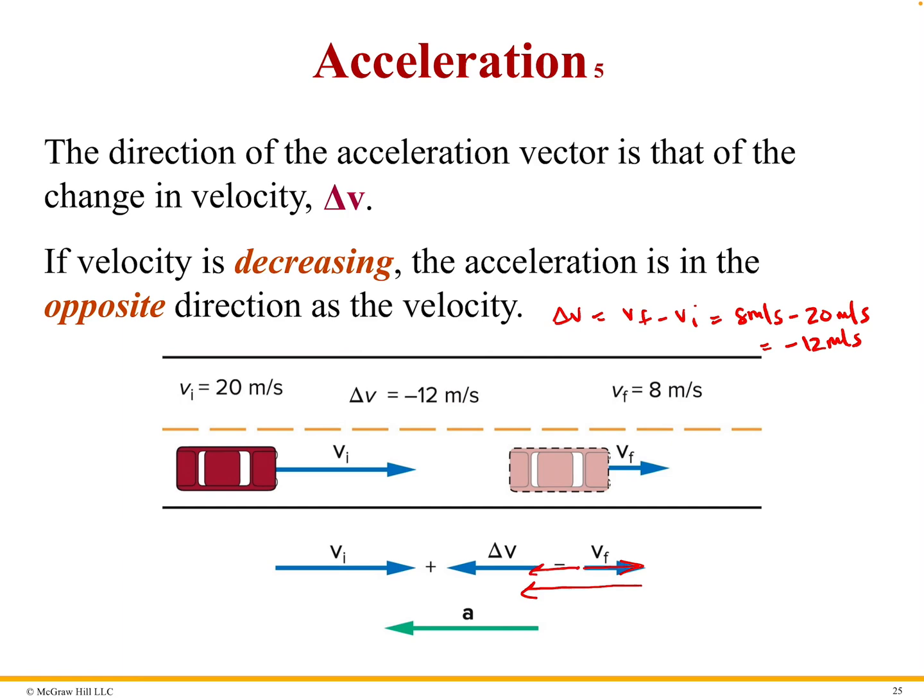Your change is going to be this negative amount here. You're going towards the west. In order for it to slow down like that, the acceleration has to be opposite the velocity. That's why the acceleration vector in this case is pointing towards the left, because it has to be opposite of whatever that final velocity vector is facing, which is towards the right.